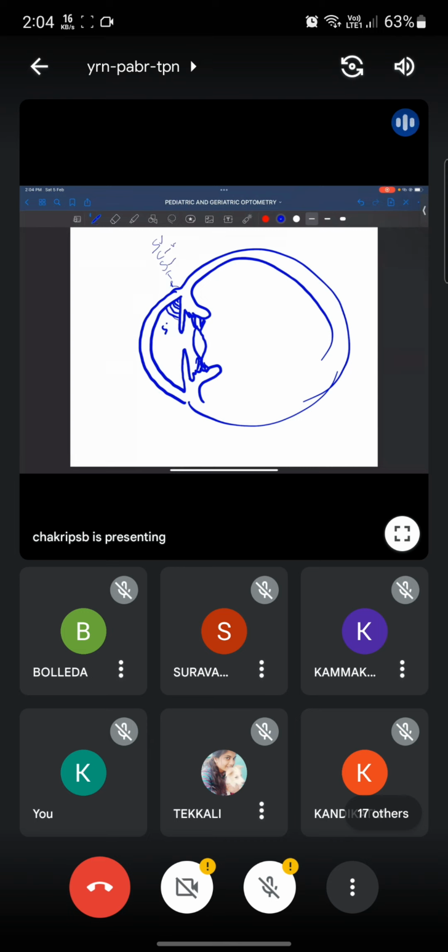This is the ciliary body band. This is the scleral spur. This is the trabecular meshwork. This is the root of the iris. So: Schlemm's canal, ciliary body band, scleral spur, trabecular meshwork, root of iris.